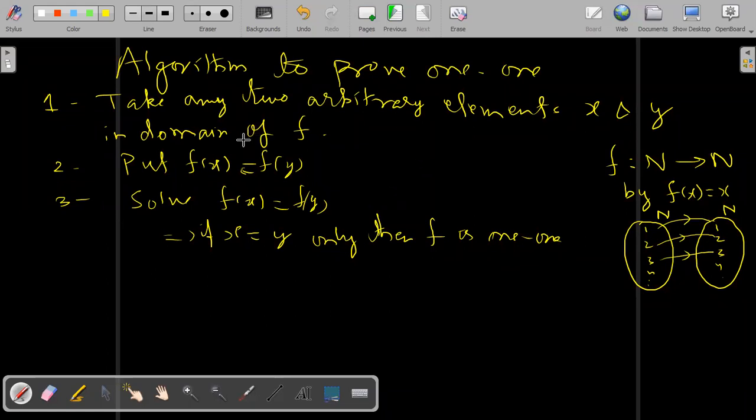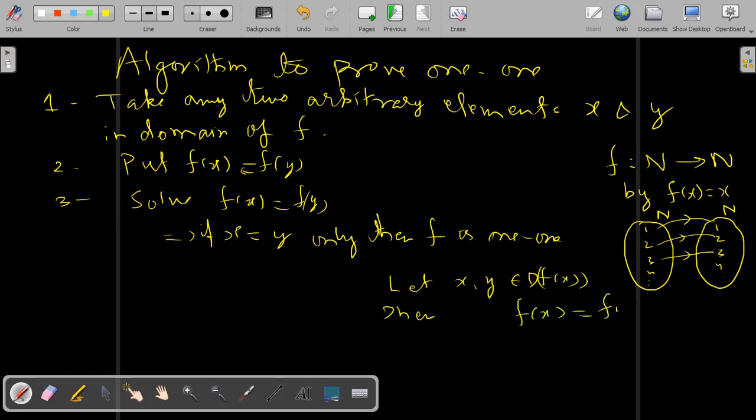Then what will be the algorithm? Let x and y belong to the domain of f, then put f(x) equal to f(y).